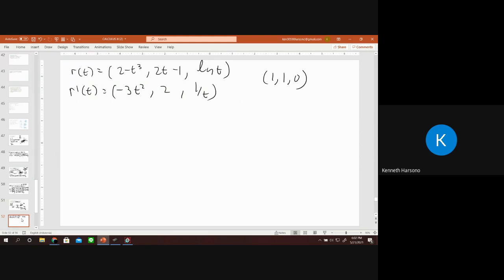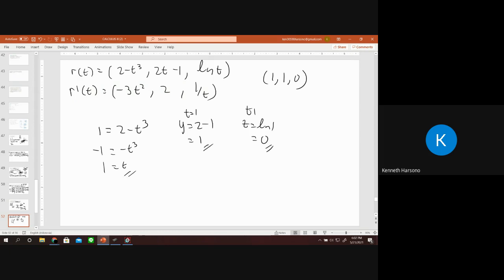When you see this one, you have to find the t, right? So let's find the t. So x is 1, this just becomes 1 minus t to the power of 3, t is 1. So t is 1 for all of this. If you check it back, y is 2 minus 1 when t is 1, we get 1, and z is ln 1, 0.